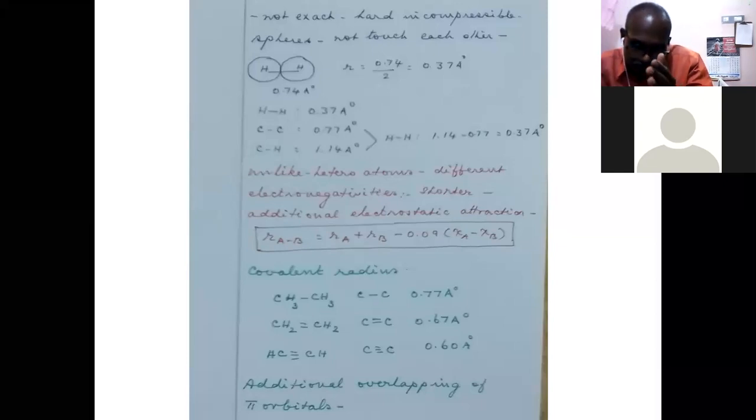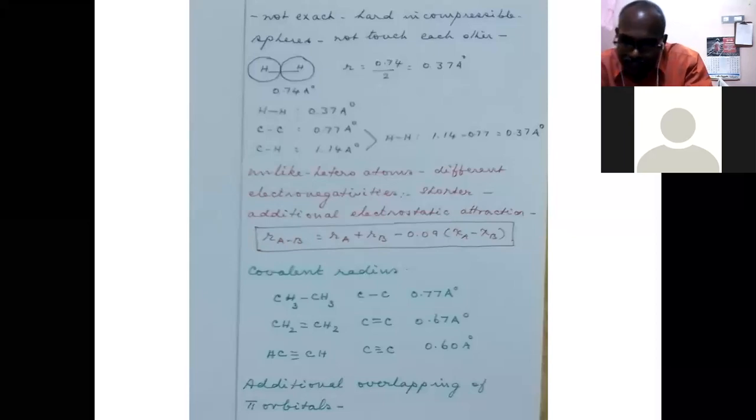Because of this, the covalent radius will be shorter. With equal electronegativities, it will be lengthier. When there are electronegativity differences, the additional electrostatic attraction brings the atoms closer. Therefore, we get a shorter covalent radius.